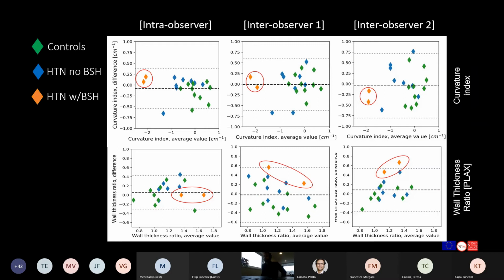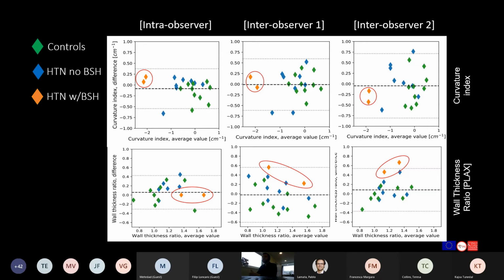Also we wanted to check the reproducibility of this index, and this was based on 20 cases, including 10 hypertensive patients and 2 patients with basal septal hypertrophy diagnosed. And that was actually the most surprising result for us, because whereas curvature could repeatedly show the cases that have the basal septal hypertrophy with the most concave curvature, the wall thickness ratio was not that successful.